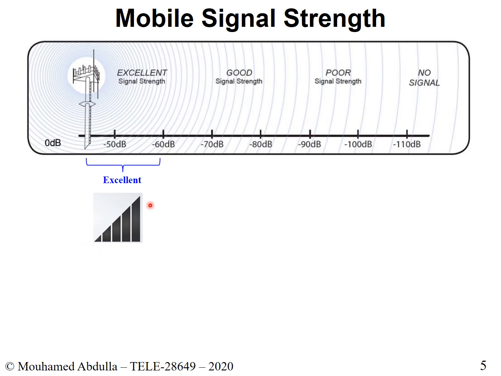So you'll have your 5 bars on your phone. And if you are anywhere from minus 60 dBm to minus 75 dBm, your signal is considered good, but it's not excellent, right? So in general, your phone will show probably something like 4 bars.